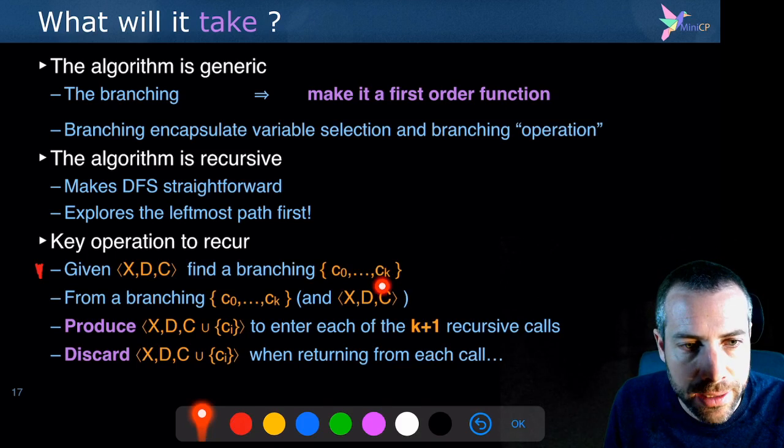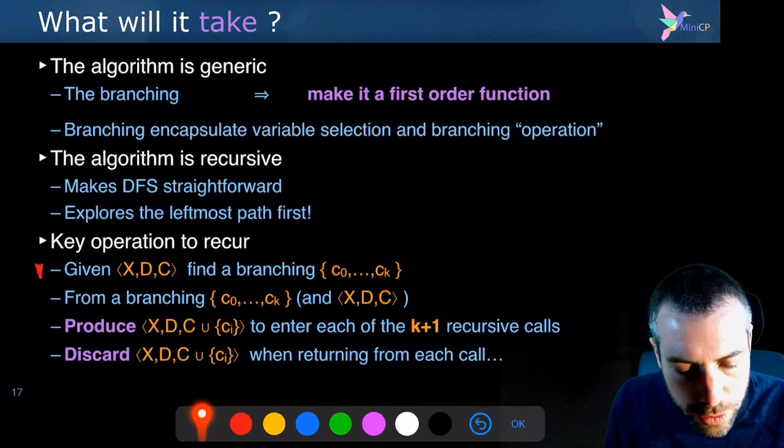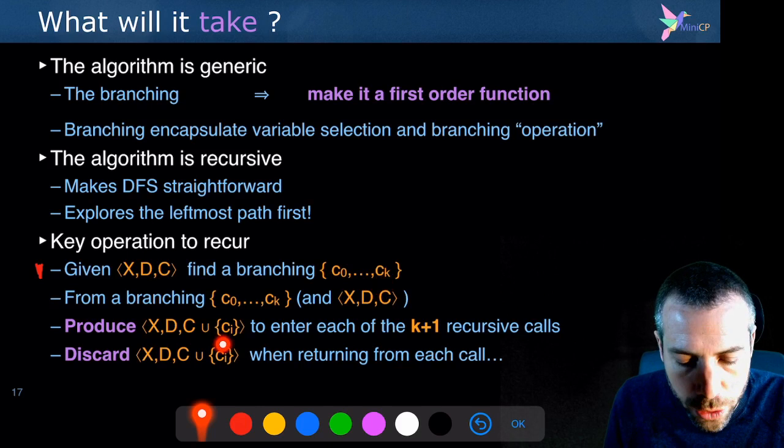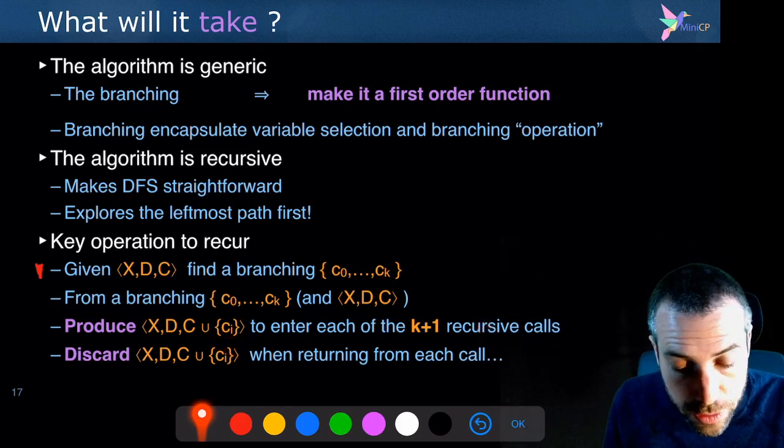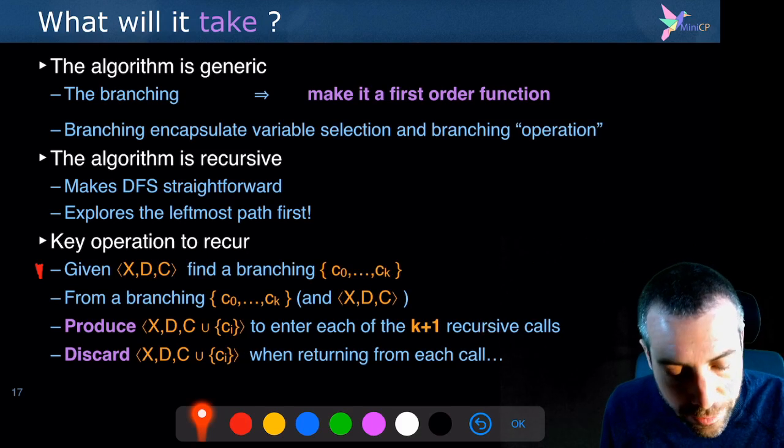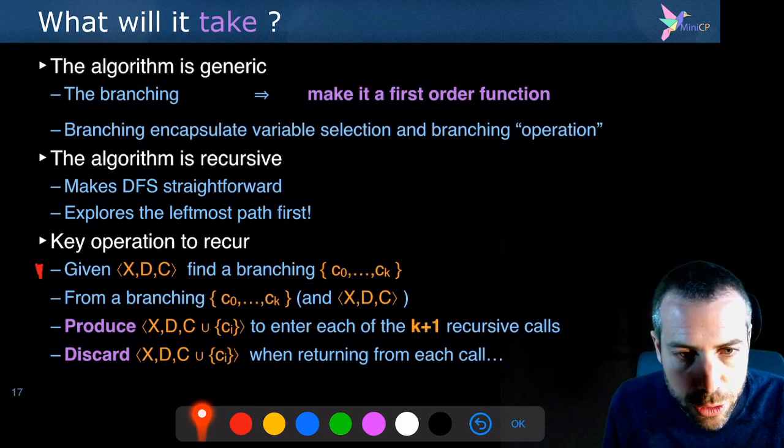And then from a branching, we need to produce the new subnode where we will add this new branching constraint and call the recursive method to produce the next children node. And in case of backtrack, when we come back from the child node and need to try a different one using depth first search, we need to discard the constraint that we just added.